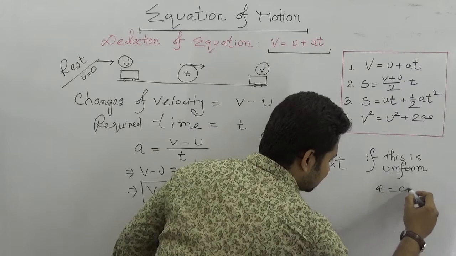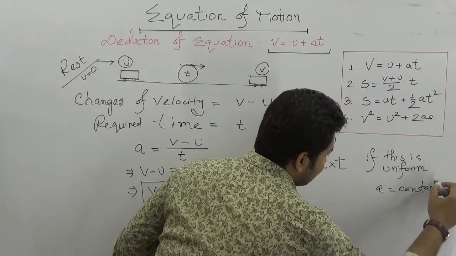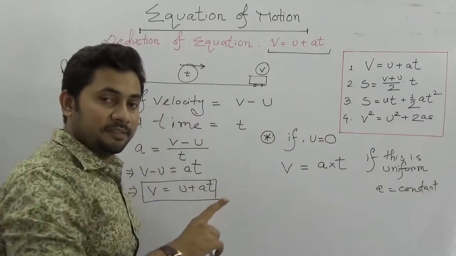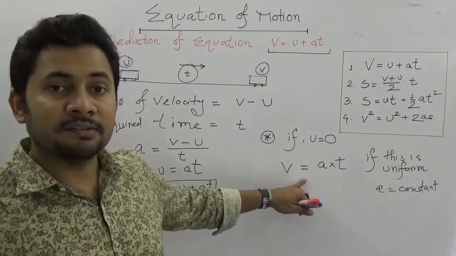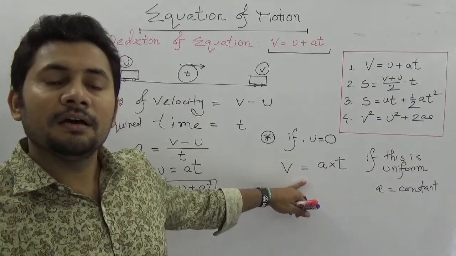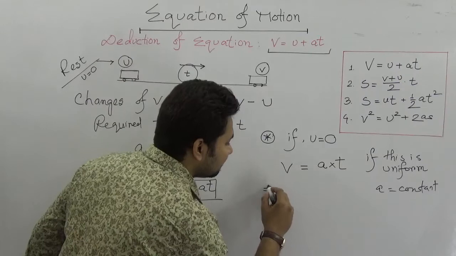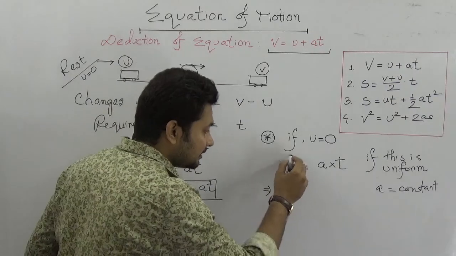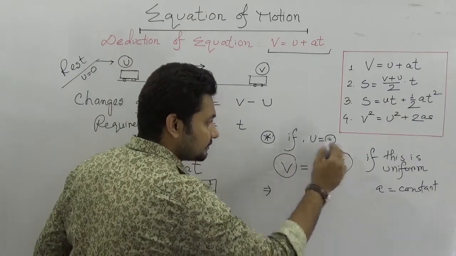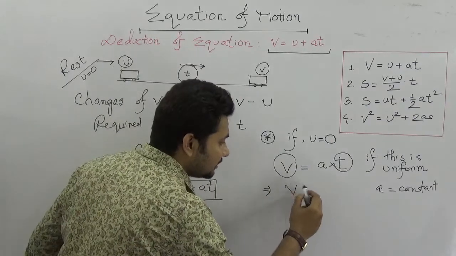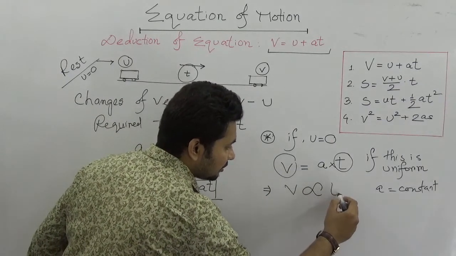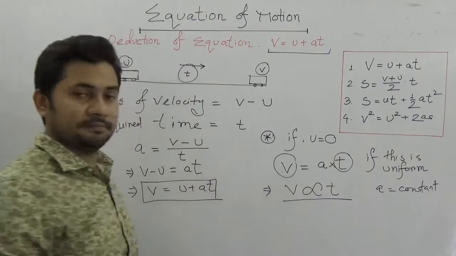If a is constant, we need to know in physics, when we do these equations and something is constant, then there is a relationship between the other two quantities. What? This v is simply proportional to t.